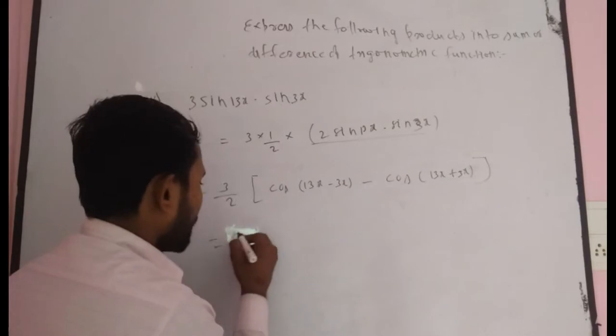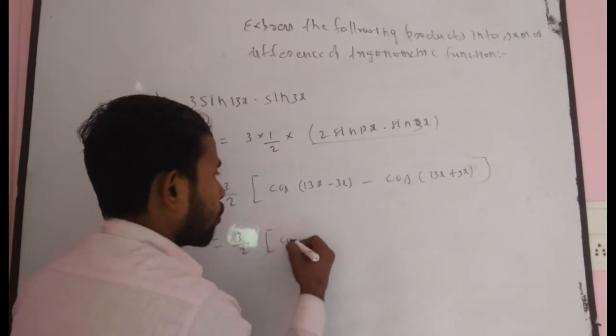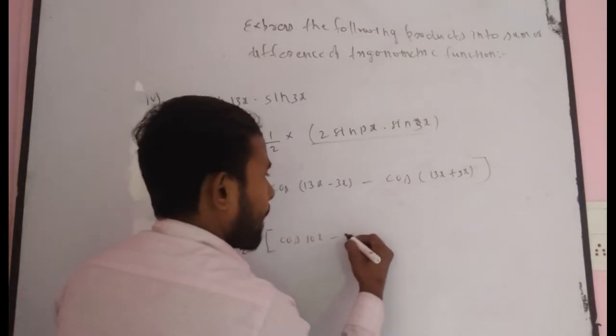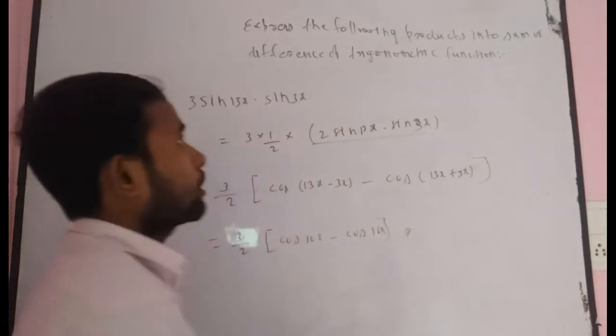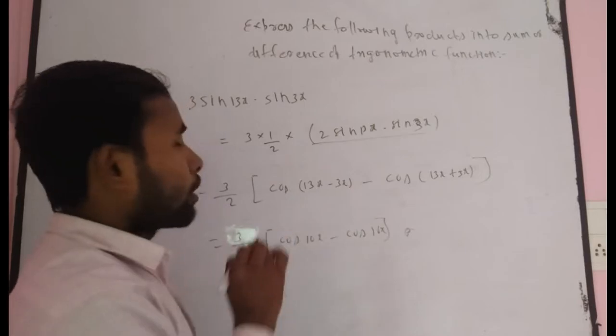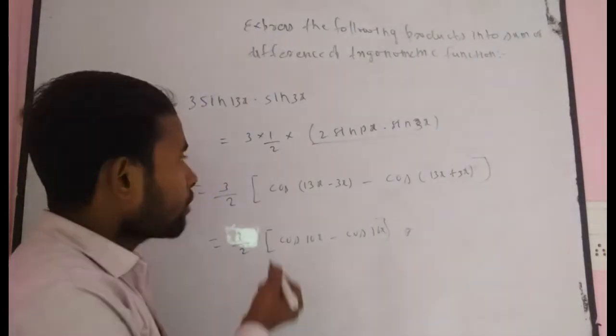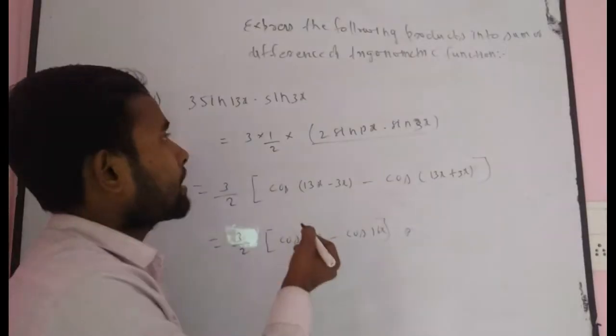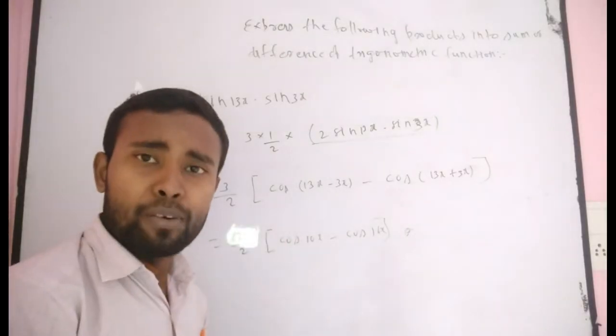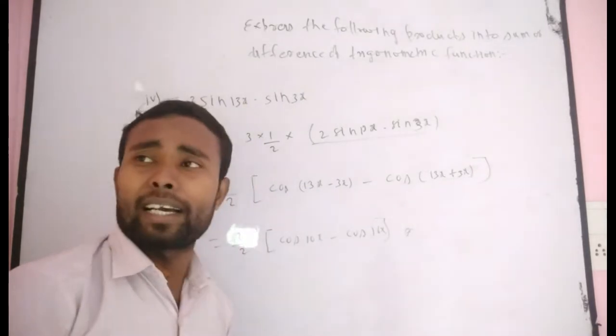Now it will be 3 by 2 times cos 10x minus cos 16x. I think you completely remember all these formulas, and I have also taken some simple problems which are completely based on the given formula.